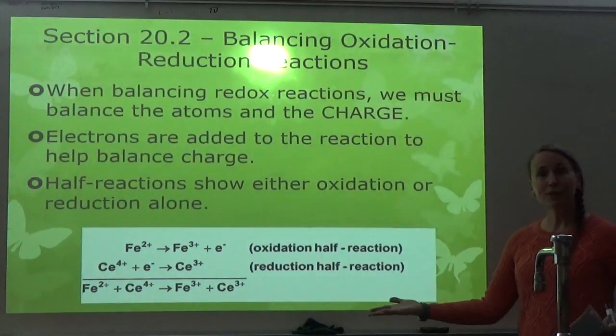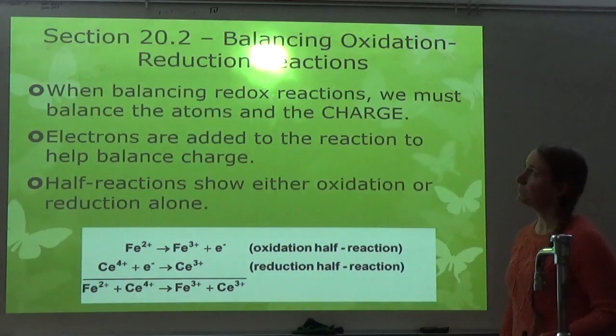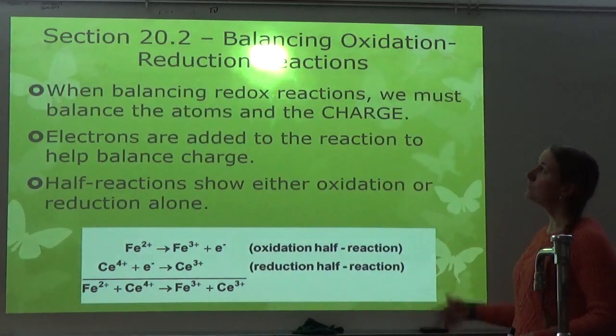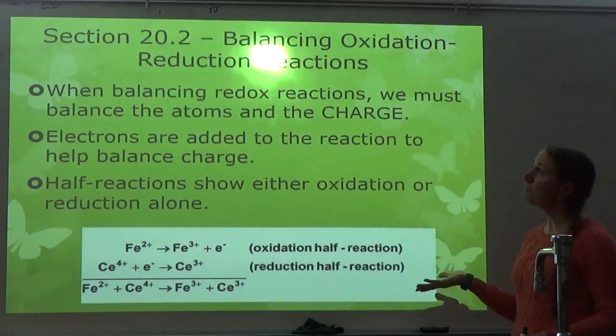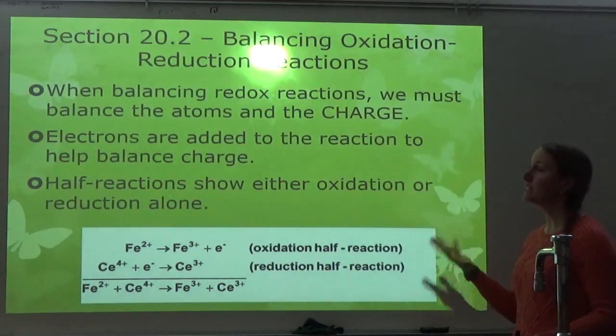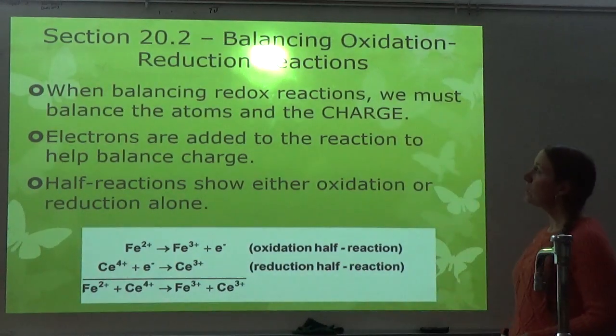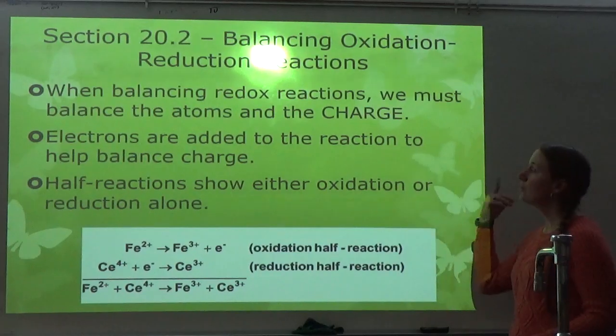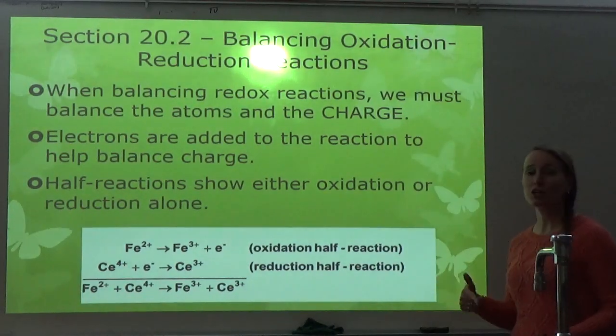So, section 20.2. We're already on our second section for this one. Now we're going to learn how to balance oxidation-reduction reactions. In balancing redox reactions, we must balance the atoms and the charge. So it's not just about the atoms, it's also about the charge. Electrons are added to the reaction to help balance the charge. Half reactions show either oxidation or reduction alone.